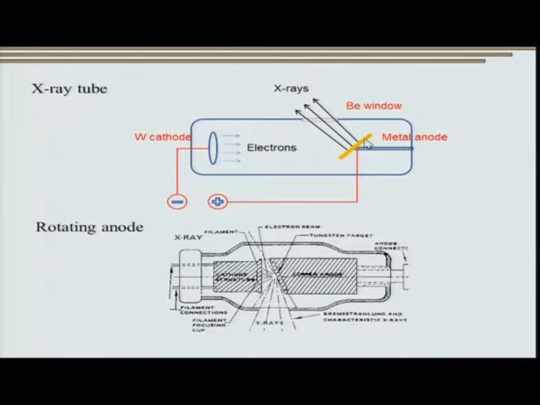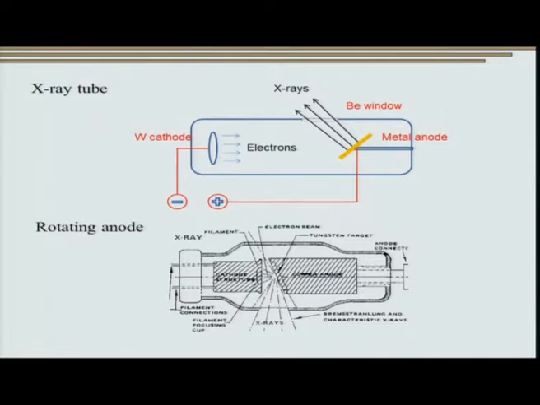Therefore, in order to avoid this deficiency, there has been a development of what is known as the rotating anode. In a rotating anode source, we have a rotating anode comprising a metal with a high melting point like tungsten and moly.